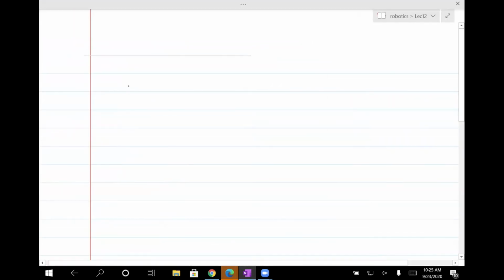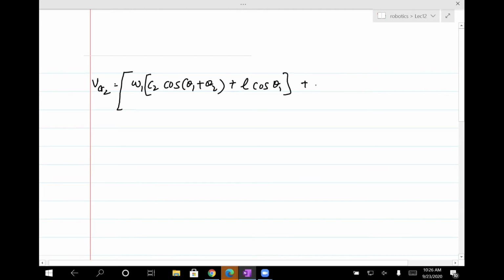If you do the math right, you will get VG2 equals, and this is pretty long: omega 1 times C2 cosine(theta 1 plus theta 2) plus L cosine theta 1, plus omega 2 C2 cosine(theta 1 plus theta 2). That's the x velocity.